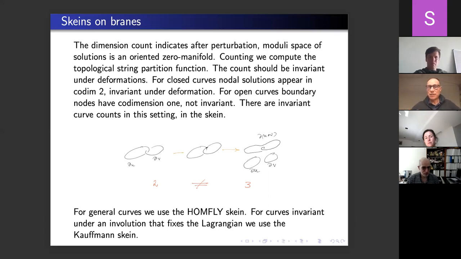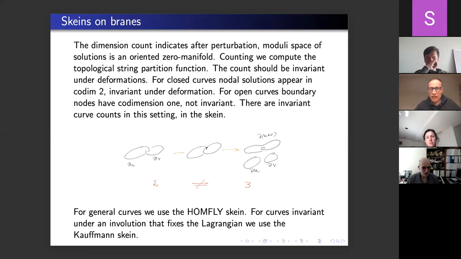That means, in some sense, we're taking into account, as Mina is indicating, the Chern-Simons theory on the brane when we count the curves. We will do it in two ways: in the HOMFLY skein, and sometimes in the Kauffman skein, which is related to fixed points when the Lagrangian is a fixed point of some involution. But we'll mainly do the HOMFLY skein.